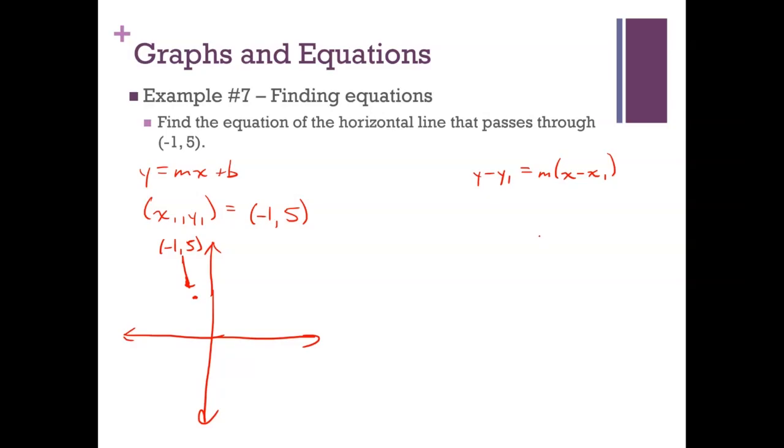Do I know anything else about this line? What's that? It's horizontal. So what can I do with that information? I mean, if it's horizontal and I know a point on it, then it should look like this, right?